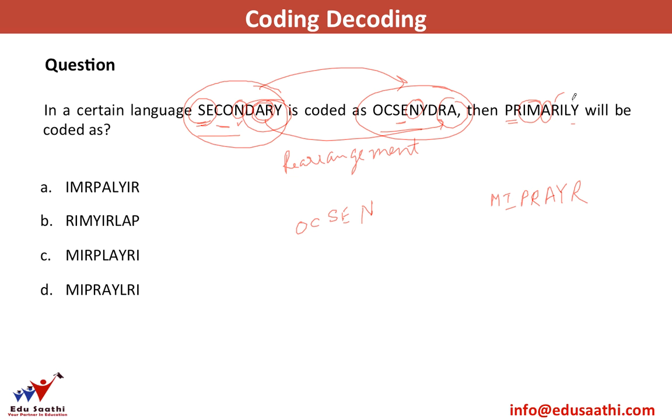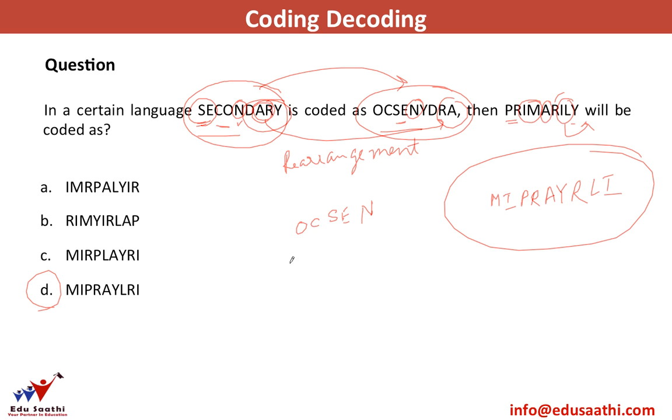So similarly here I and L will change their position and become L and I. So the code would be this. So now my new code is MIPRAYLI, which is the D option here.